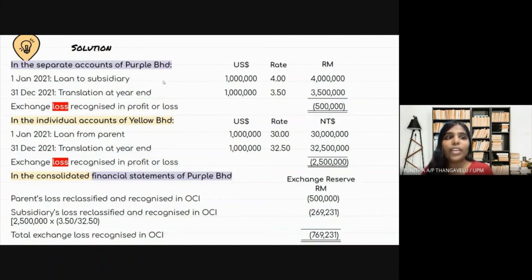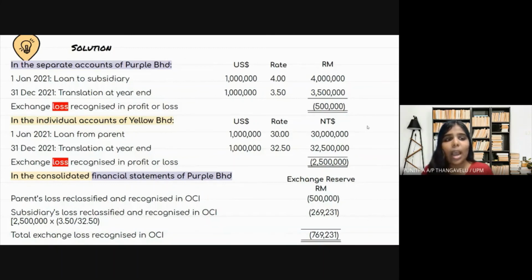And on 31st December, translation at year end, we have to take the rate at the year end, and it will result in 3.5 million ringgit Malaysia, and the difference between the 1st January 2021 exchange rate and the 31st December 2021 exchange rate will result in an exchange loss recognized in profit or loss amounting to 500k.